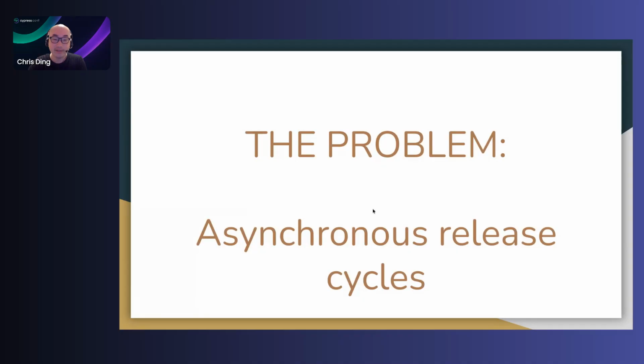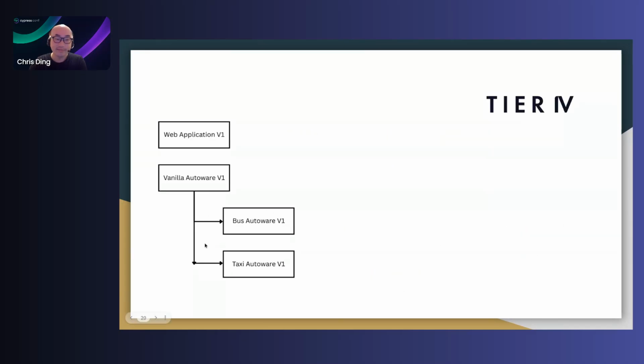As you can imagine, there are a lot of problems, but the main problem is asynchronous release cycles. On this slide is the initial state of Tier 4's products, just as an example.